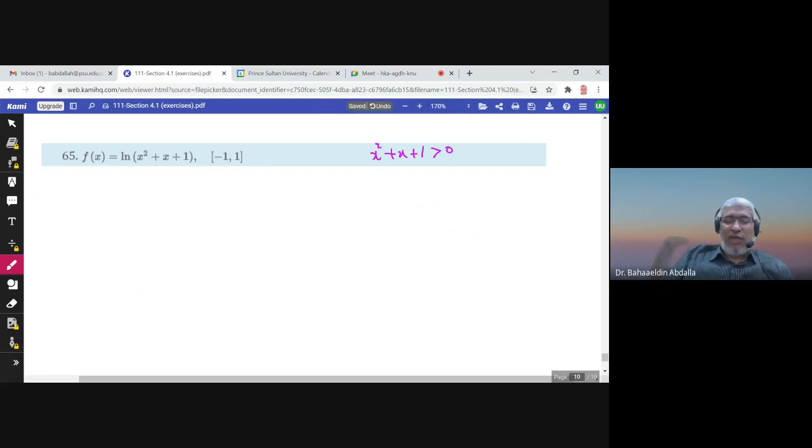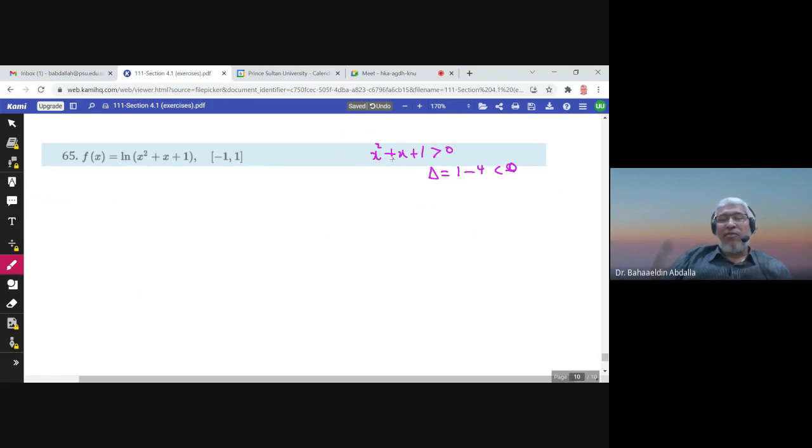But if you check the discriminant of this equation, you will find it less than 0, because b squared minus 4 times a times c is less than 0. Which means it has no real zeros. So it's always greater than 0.